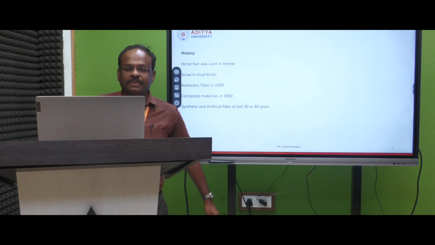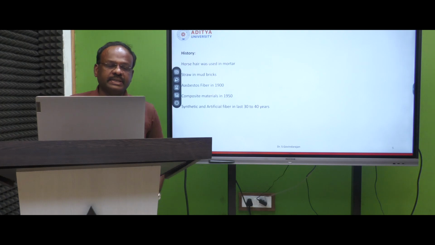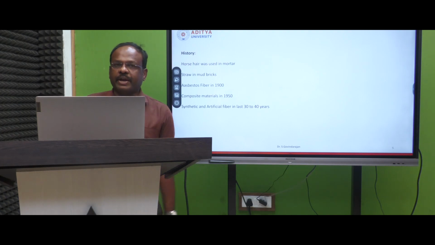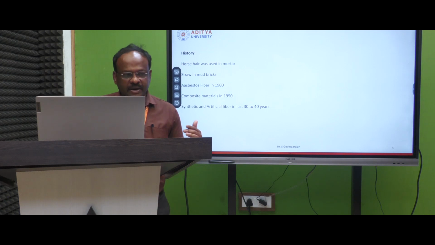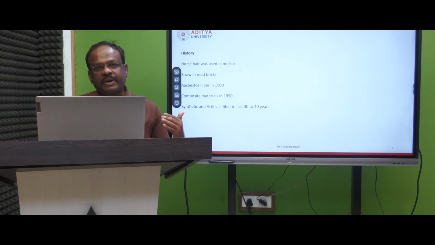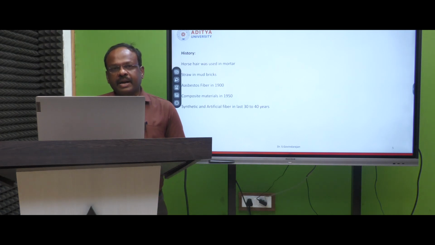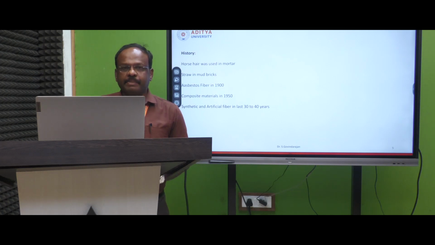So it was also applied from 1950. And in the last 30 to 40 years, synthetic and artificial fibers have played the main role in concrete structures. Now many researchers are doing projects and research work in this area of fiber reinforced concrete, and they find out the various types of fiber and the mechanical properties of each and every fiber. We will see them one by one later.